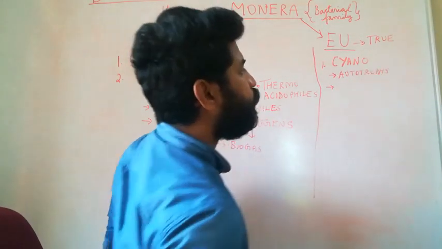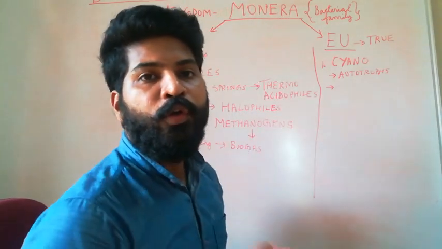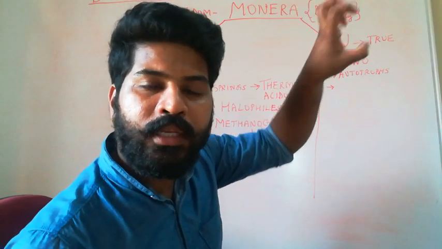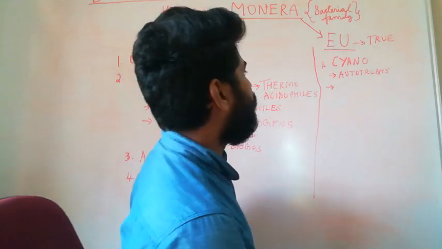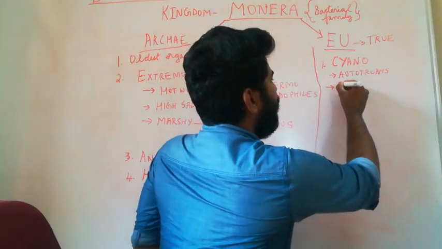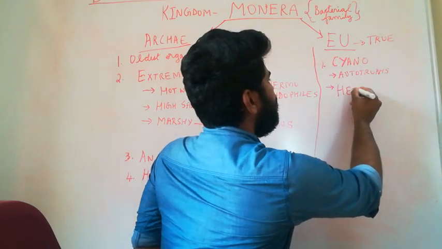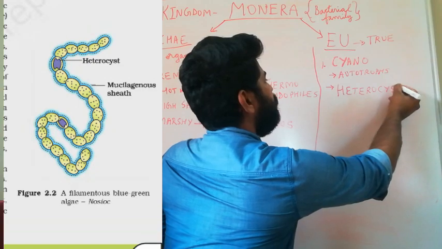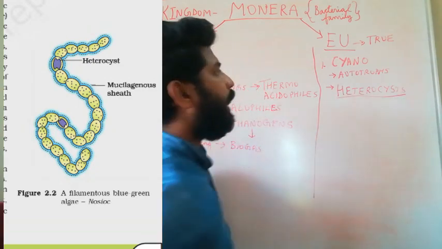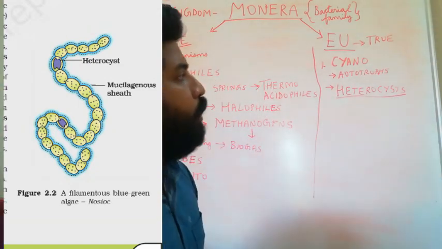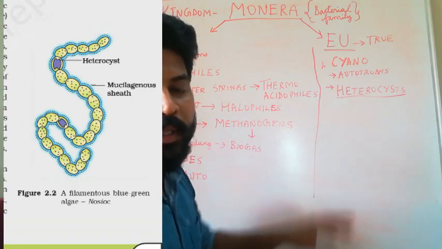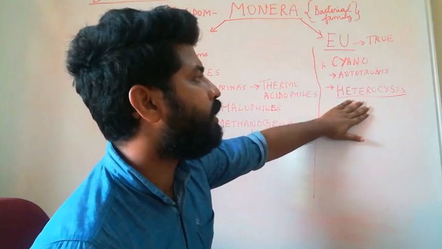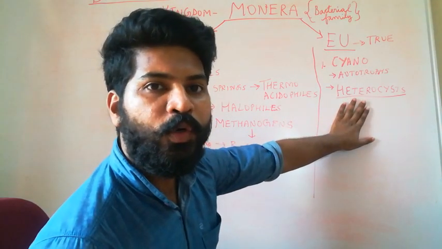So these are autotrophic bacteria. They are also known to fix atmospheric nitrogen. They can convert the nitrogen gas into nitrates and nitrites with the help of specialized cells called heterocysts. As you can see in the diagram of Nostoc, there are specialized cells which can fix nitrogen. These cells are called heterocysts.